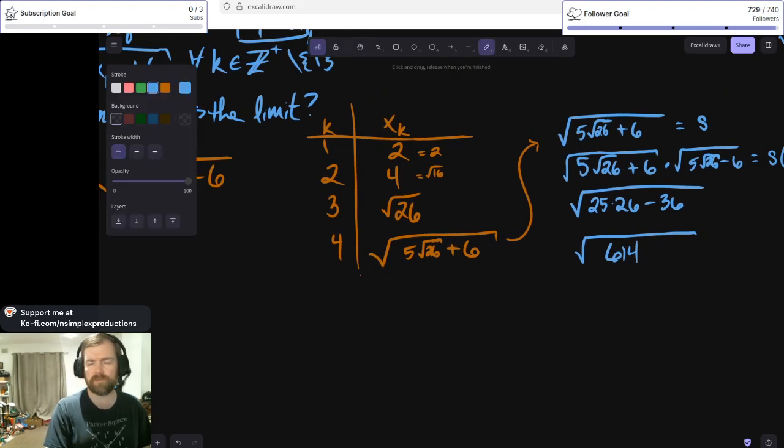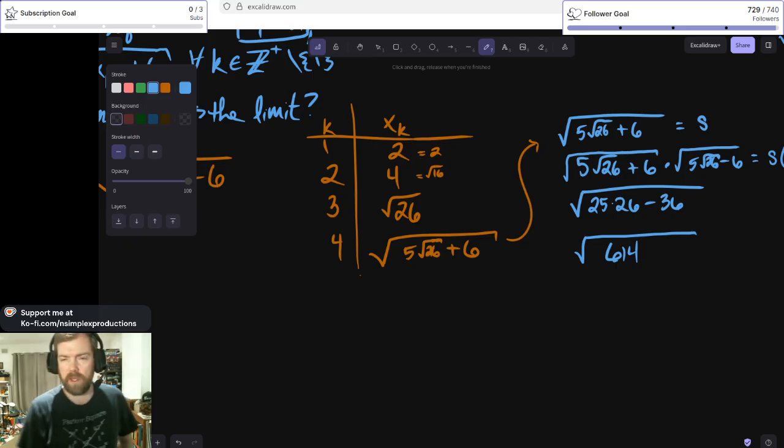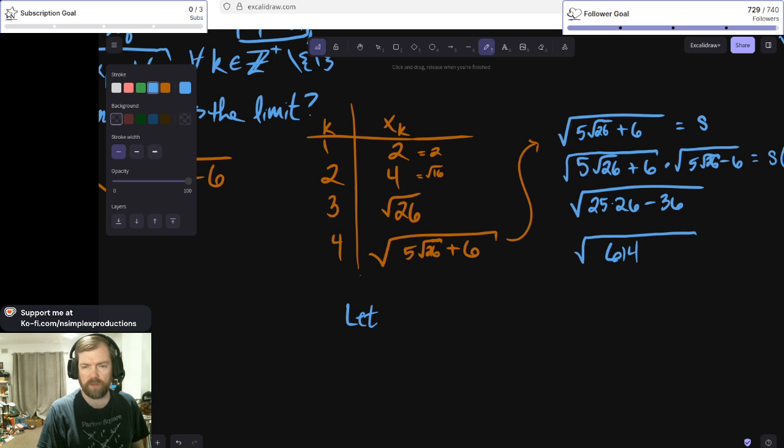So I guess if we were doing an actual test on this, one of the ways to do this is to grab your calculator and put it in so that you can just do this numerically. On a TI, for example, I would plug in 2 gets stored to your X value.